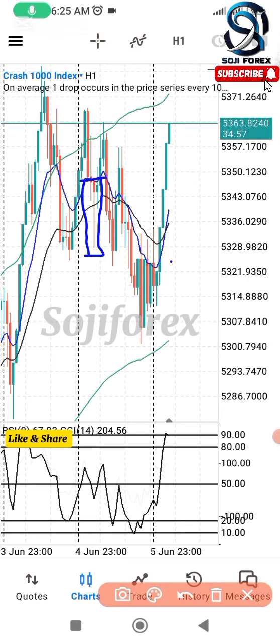And that buy entry signal I gave plays out from this point where I gave the signal up to this point before the trade falls. So that trade plays out in profit for almost 1 hour.